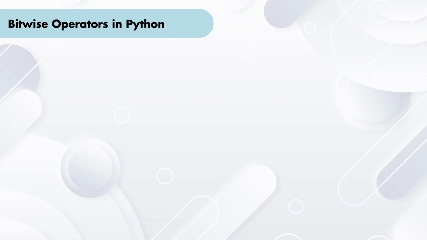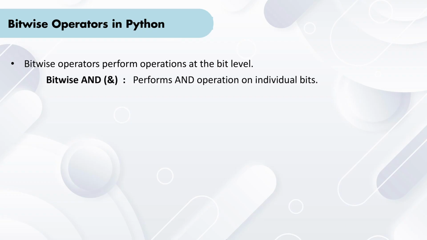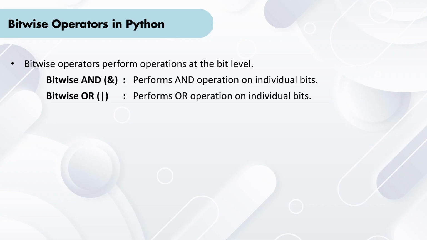Next is bitwise operators in Python. Bitwise operators perform operations at the bit level. Bitwise AND performs AND operation on individual bits. Bitwise OR performs OR operations on individual bits.